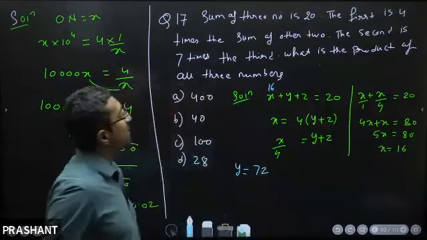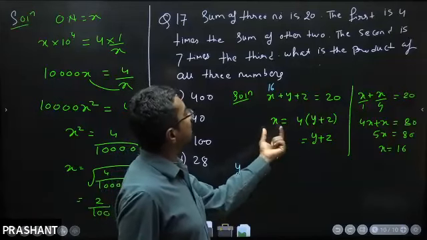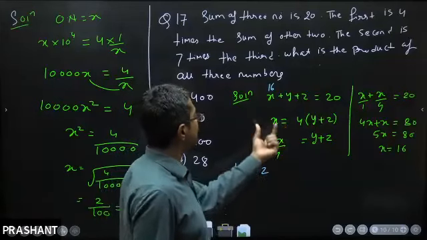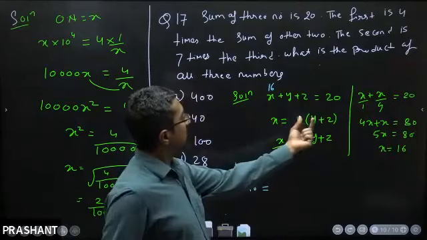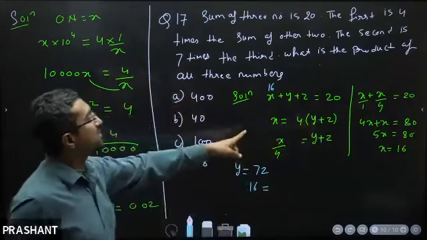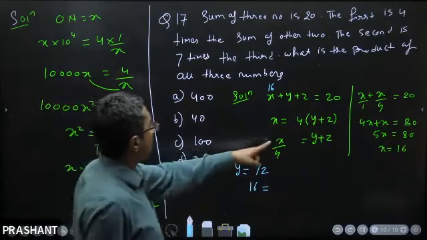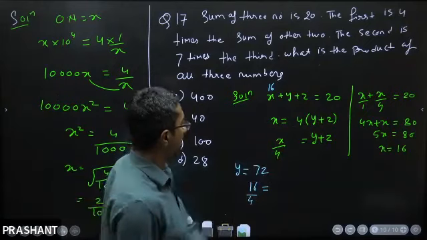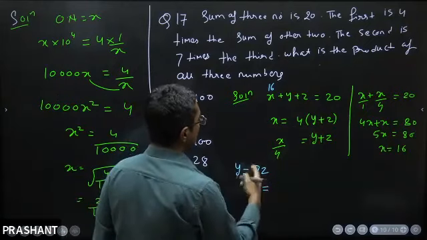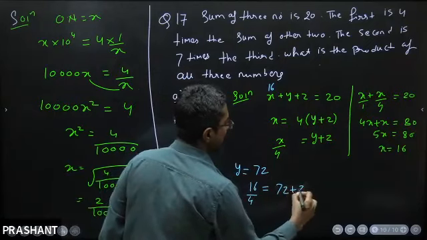Correct? Now we know x is 16, so we can write 16 upon 4, x by 4, is equal to y plus z. Instead of y, we can write 7z, so 7z plus z.